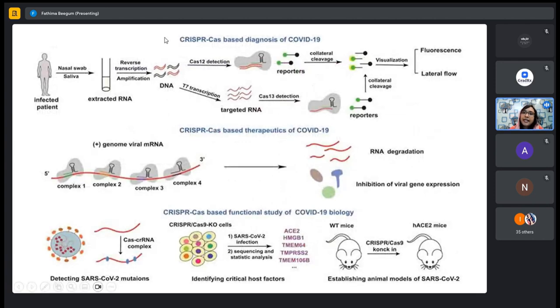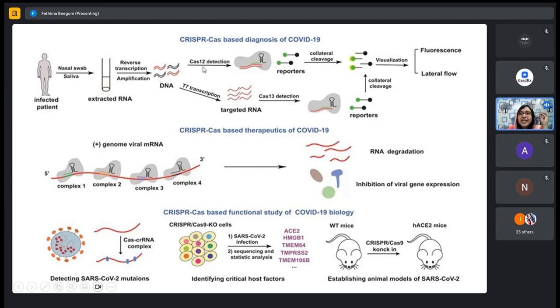CRISPR in diagnosis of COVID-19 uses a method known as collateral cleavage, that is, cleavage related to the particular disease-causing organism. That is the basis for diagnosis of COVID-19 using CRISPR. A nasal swab is taken from the infected person, the RNA is separated, and by reverse transcription, DNA is made and amplified.